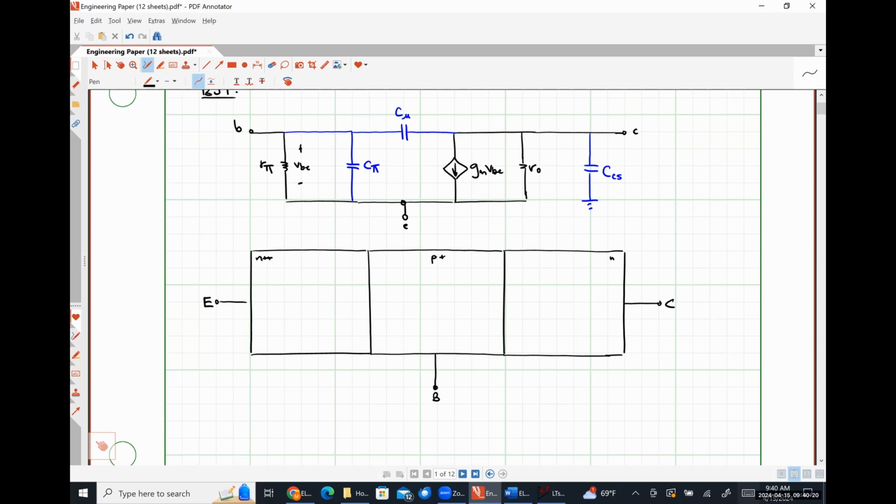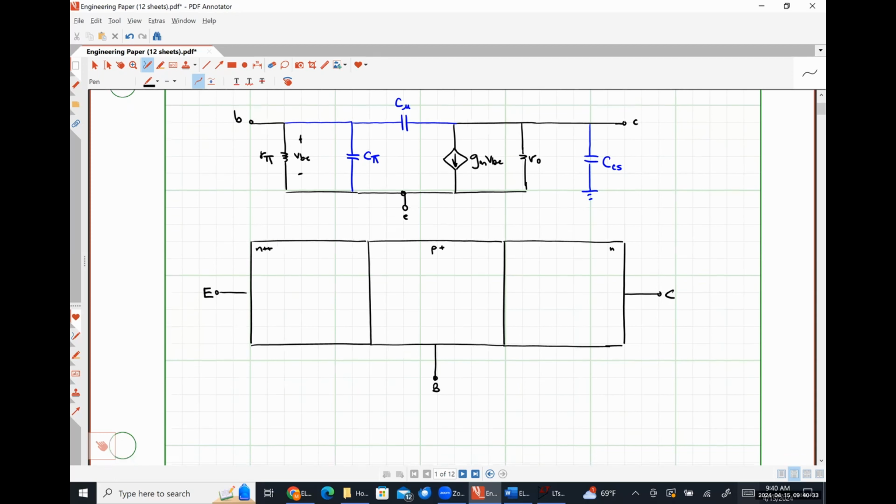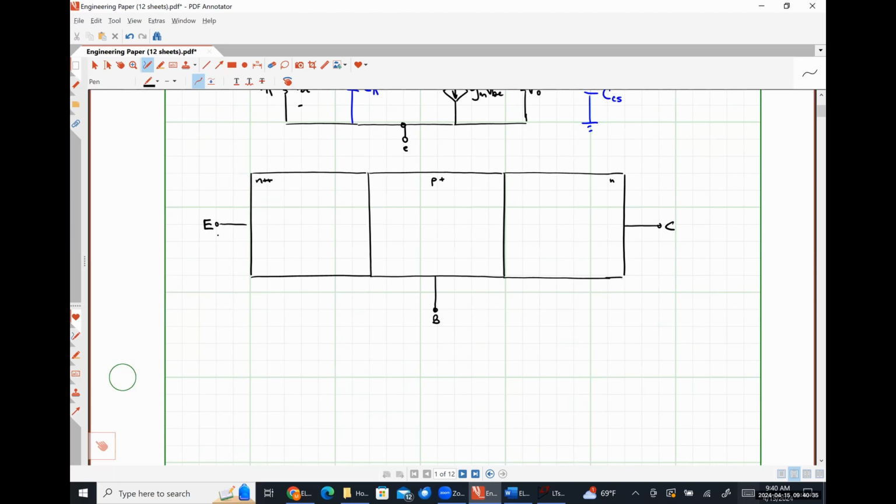We want this device to be in the forward active mode because that's the mode of operation that we use for amplification. So that means that our base emitter voltage needs to be positive. So VBE here has to be greater than 0.